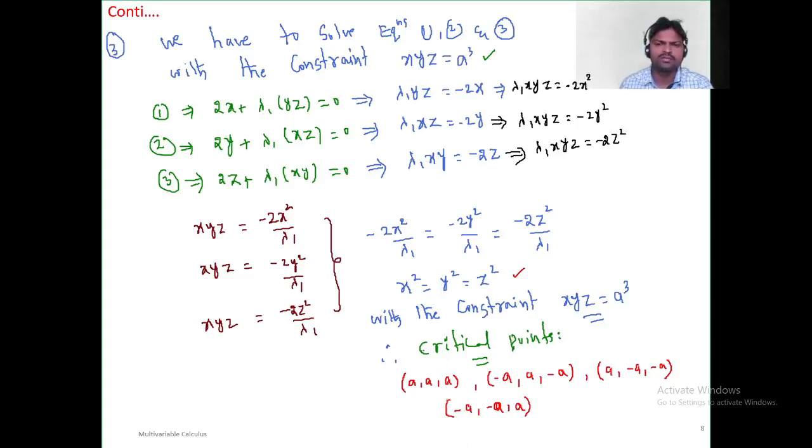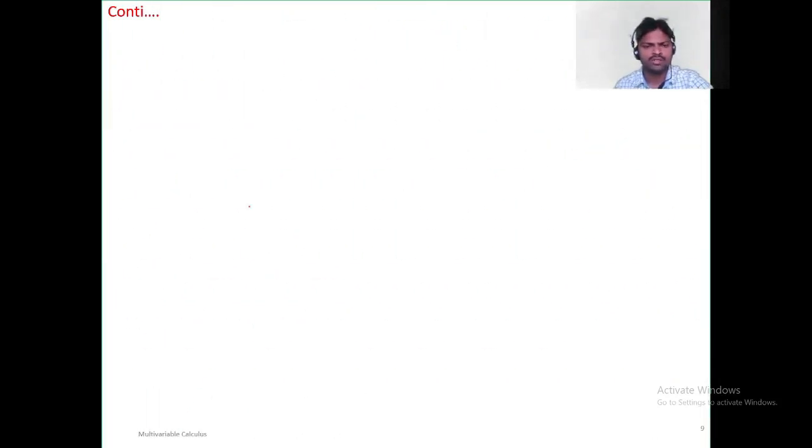Now at these points, I need to find the function value. The function f of x comma y comma z is x square plus y square plus z square. At the critical points, what is the function value?